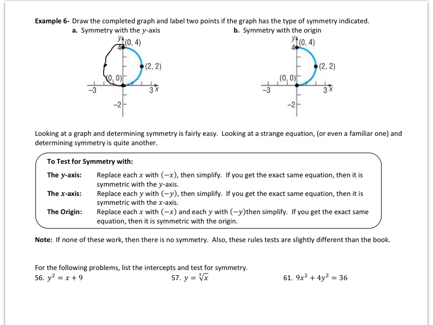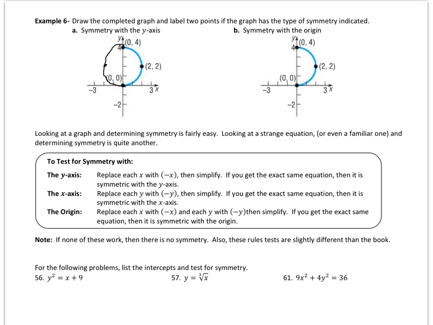Okay, so part B now. Okay, we want symmetry with the origin. Okay, so if you need to, look back at your notes on origin symmetry. So if x, y is on the graph, then what else is? Negative x, negative y. Okay?